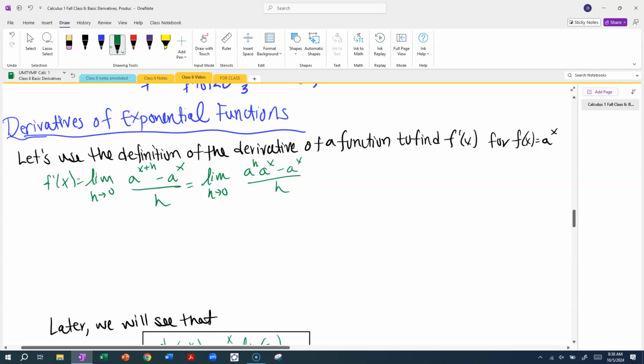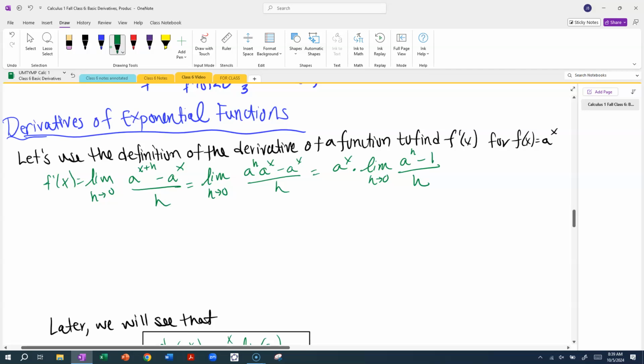And actually I could factor out the a to the x all the way outside the limit, because the limit is dependent on h, so anything containing an h needs to stay in, but everything else can come out. So what I'd be left with inside the limit would be a to the h minus 1 all over h.